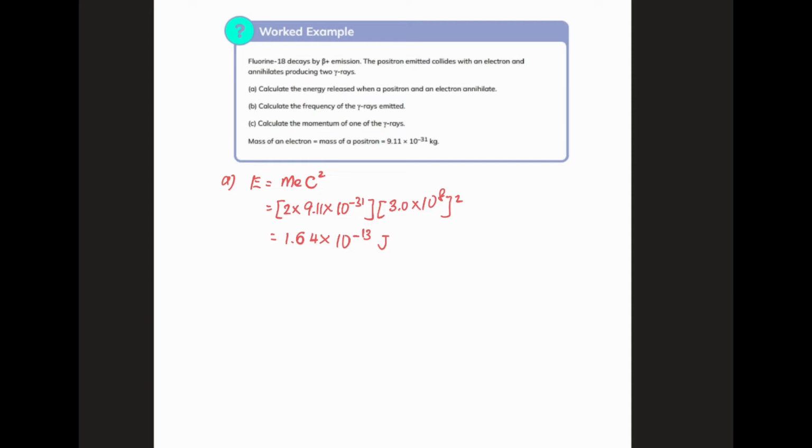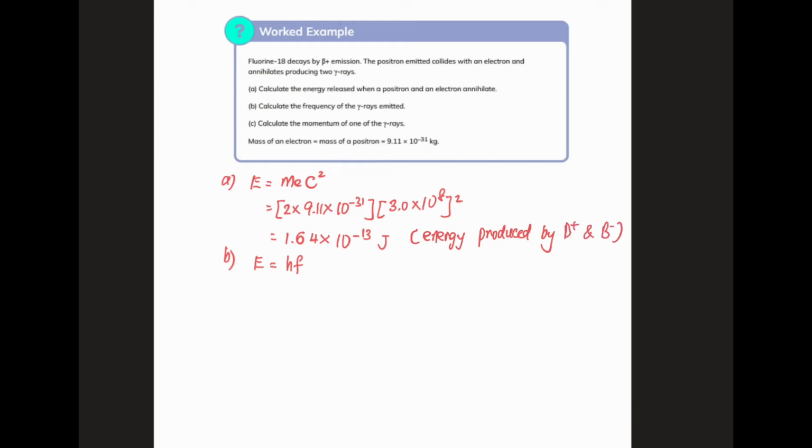Now let's look at B. B, calculate the frequency of the gamma rays emitted. So we use E equals hf. Now we need to know the energy produced by the positron and electron.